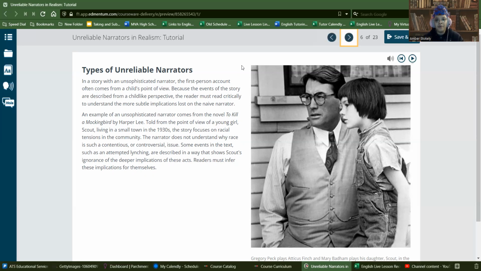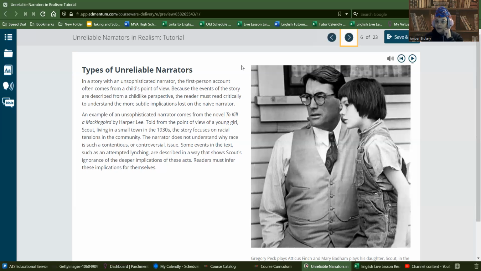So you can tell by the way that in this story, those things are described, that the narrator's not reliable. Because if a child is telling the story, then obviously they don't have all of the knowledge they need to tell the story correctly and give you all the details that you actually need to understand what's happening in her town. So that's a good example of an unreliable narrator.